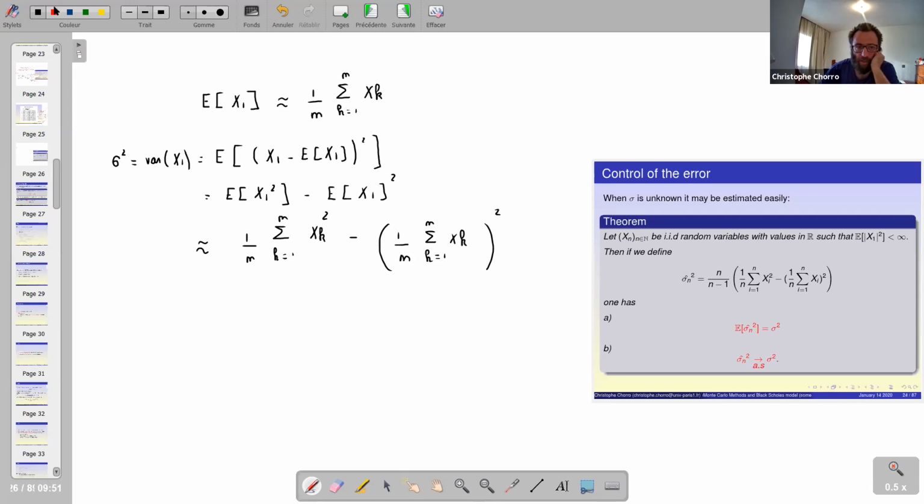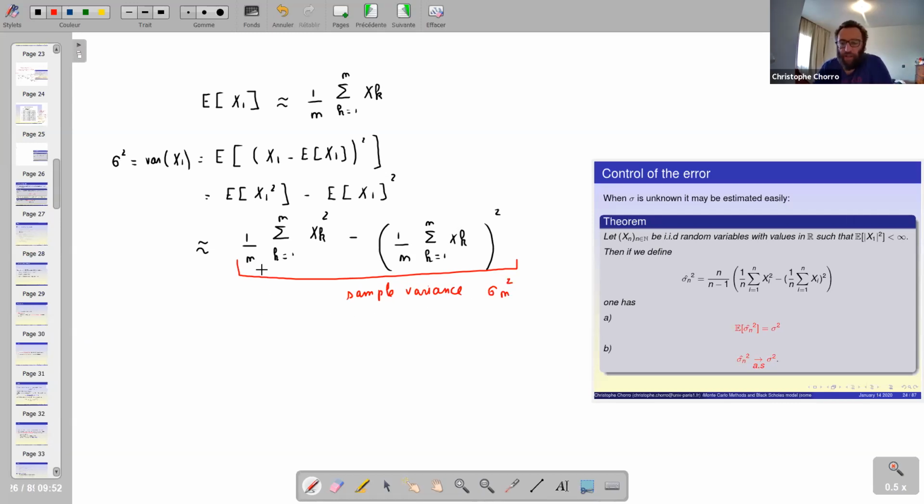And you have here an estimator that is called the sample variance. I will denote it by, let's say, sigma n square.